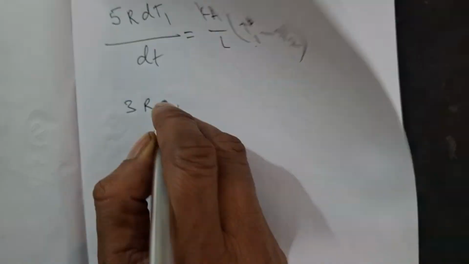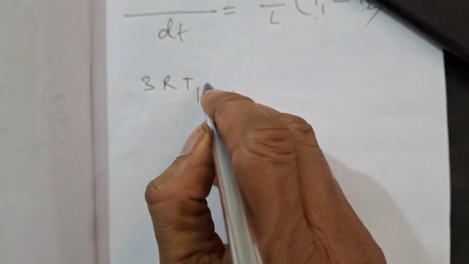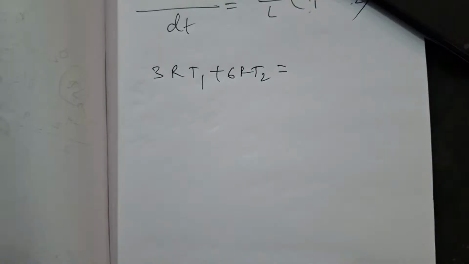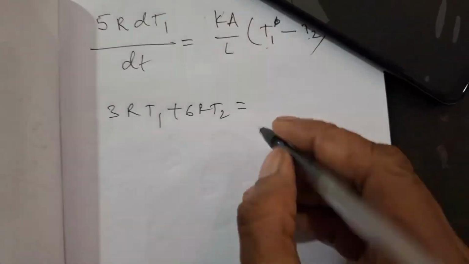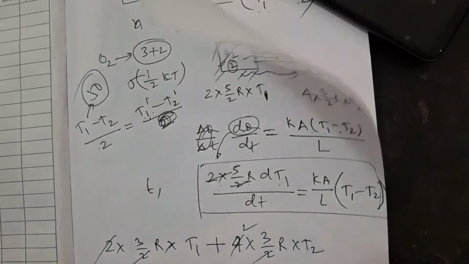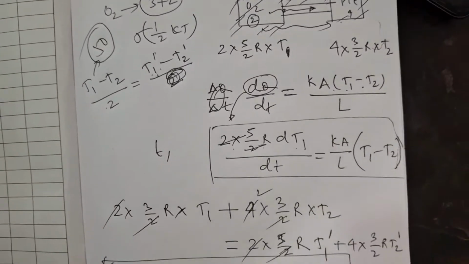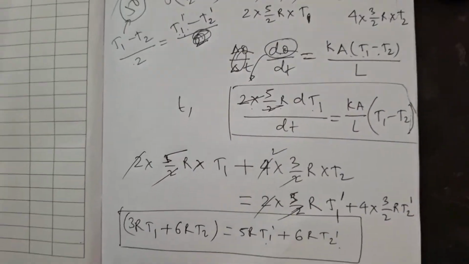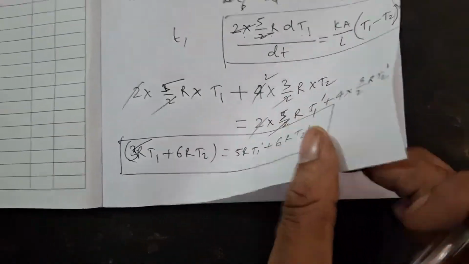Here are the equations you get: 3R T1 plus 6R T2 equals 5R T1 prime plus 6R T2 prime. This will be 5, and this will be 6.